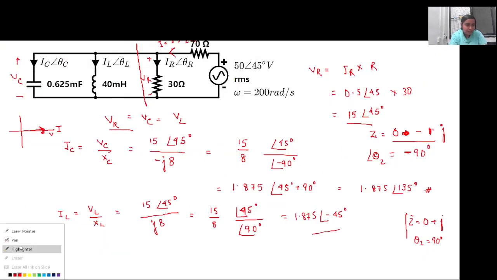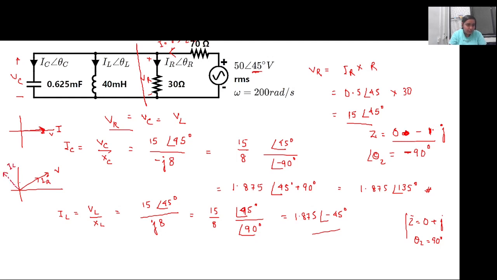But whenever there is an inductor or capacitor, what will happen? In case of an inductor, current will lag voltage by 90 degree, if it is a pure inductor. So in this case, if we draw in terms of the axis, since this voltage has an angle of 45 degree, it is somewhat like this, V. The IR will also be along this direction.